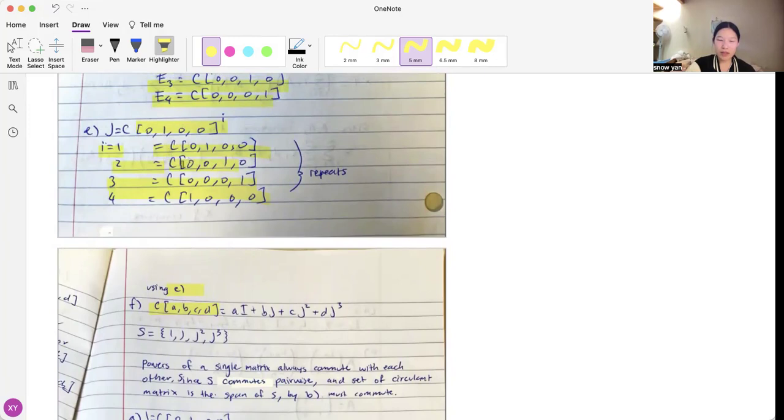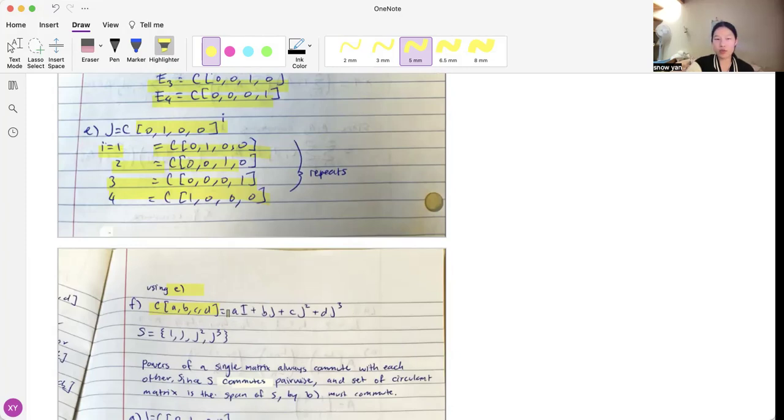So that means that it is basically A times I, which is in that first one. And then we have the next one because we know that it shifts from part E. Each of the matrices is just shifted. So then we have B times J plus C times J squared plus D times J cubed.